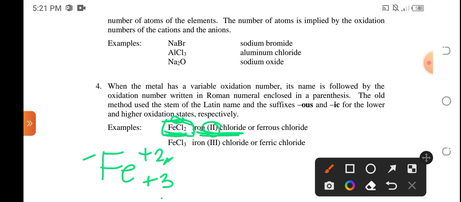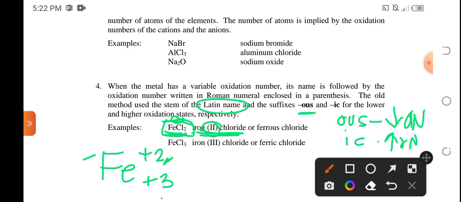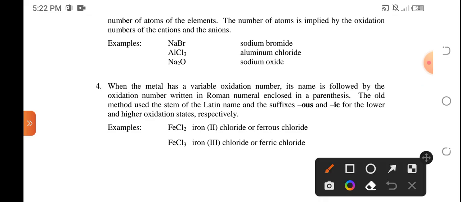Or, you could have the Latin name of that metal and change the suffix into OUS for lower. So, tatandaan, the suffix OUS is for lower oxidation number. And IC is for higher oxidation number. So, paano ito? Okay, so kanina sabi natin that iron has 2 charges.